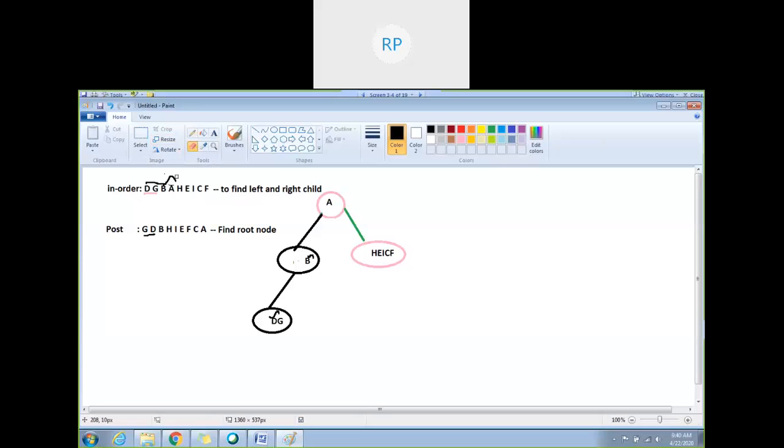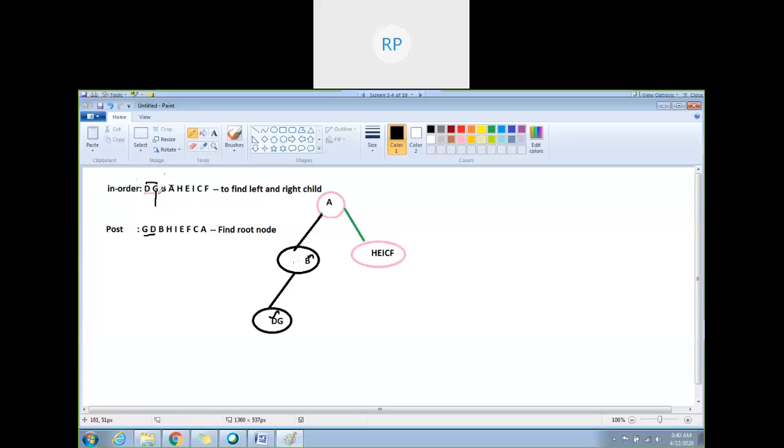And again, I'm checking to find the left and right. I'm checking these two elements. Among D, G, I have chosen D as my root node. Left side elements will come in the left subtree, right side elements will come in the right subtree. Since only D and G, and D I have chosen as my root node, are there any left side elements for this D?